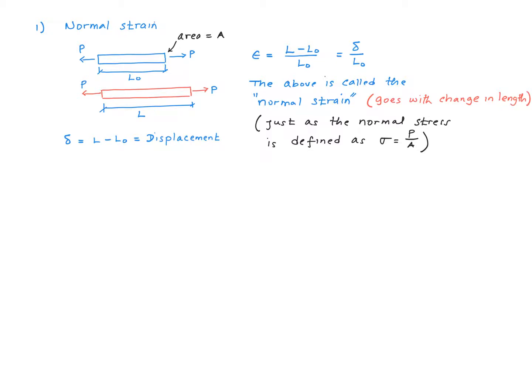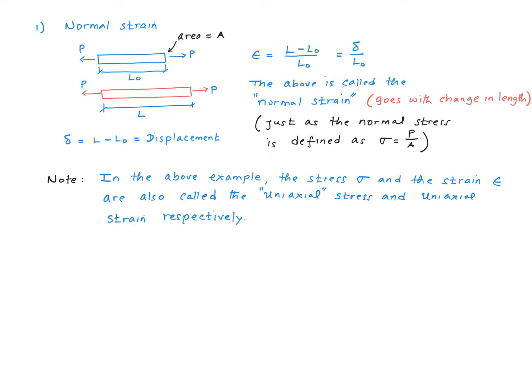Later when we define shear strains, you will see shear strains go with change in angles, but normal strain goes with change in length. So this is analogous to the definition of the normal stress. Remember, normal stress equals P over A, right? The normal force that is perpendicular to the cross-sectional area divided by the cross-sectional area itself is called the normal stress, right? So this is very similar to that.